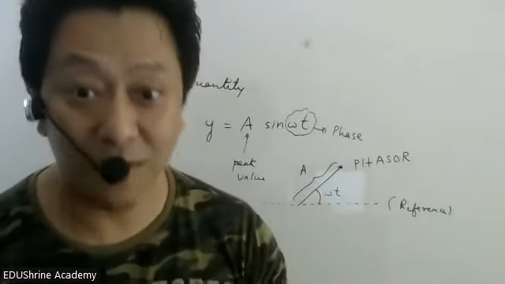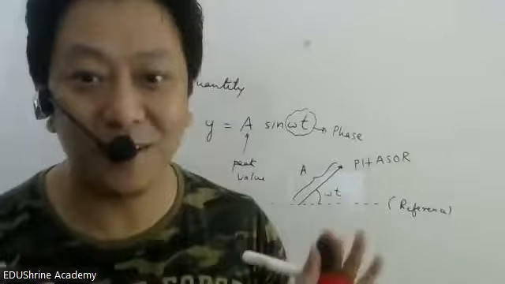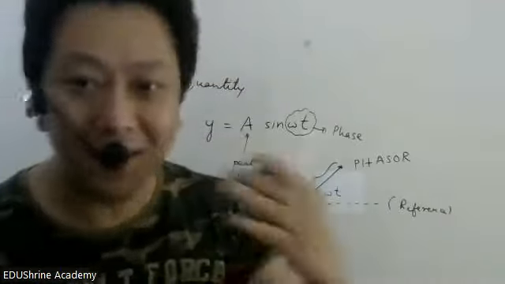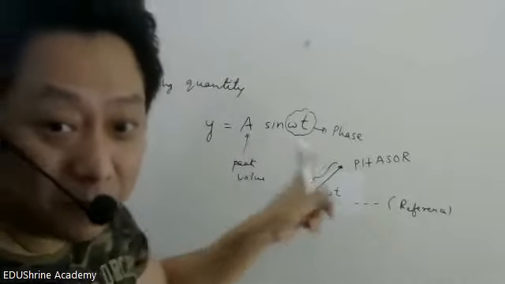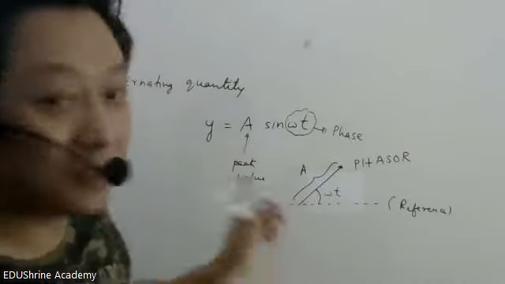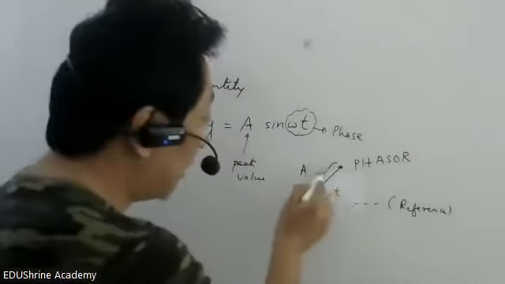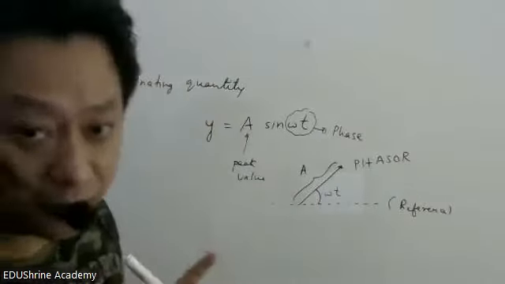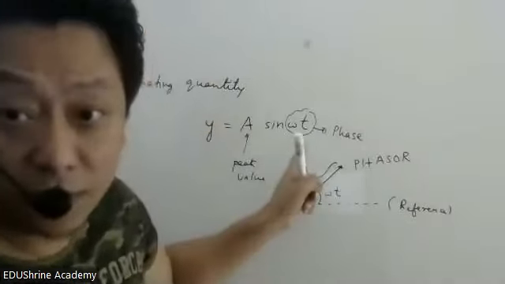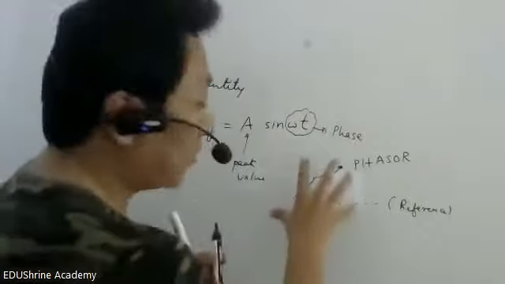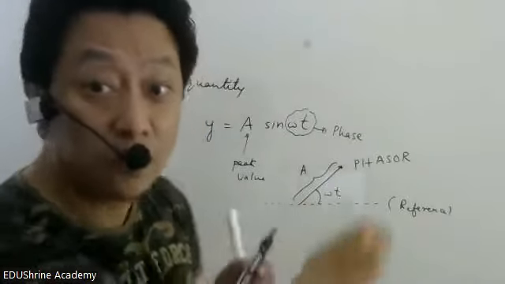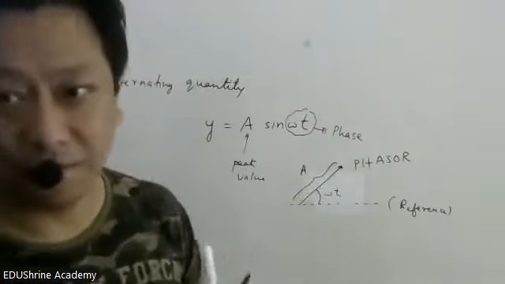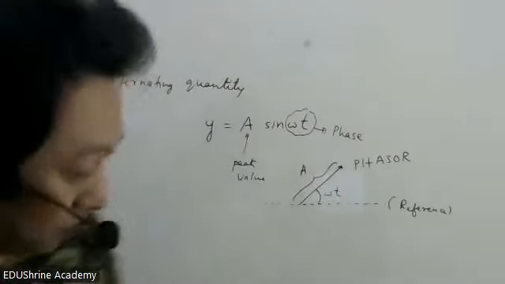Now, if you are very good in trigonometry, we can do it with trigonometry, but it takes time. So if you remember this concept of phasor, where the length of the arrow gives you amplitude and the angle gives you phase, then it is very easy to add alternating quantities using phasors. And you will see it soon, okay?